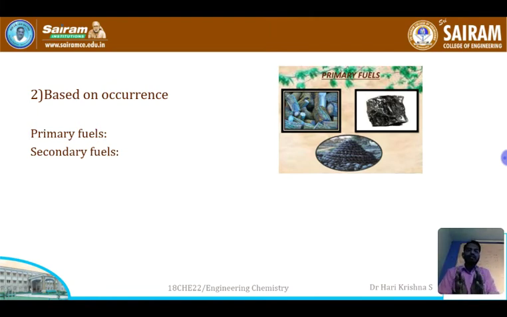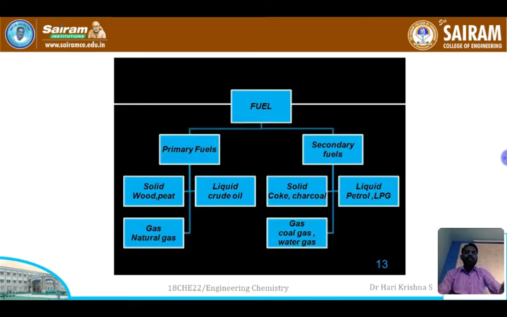Once we get the fuel, we are supposed to measure its performance. The performance of the fuel is measured by its calorific value. Let us see what this calorific value is later. Here the diagrammatic representation of the classification of fuels is given very clearly.